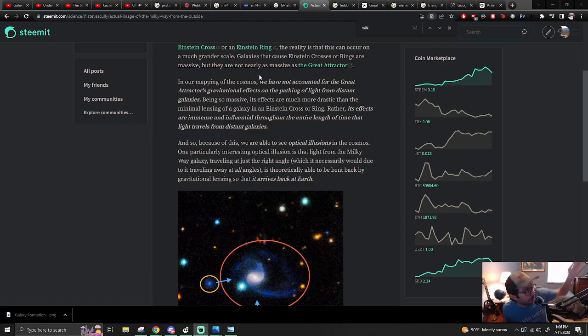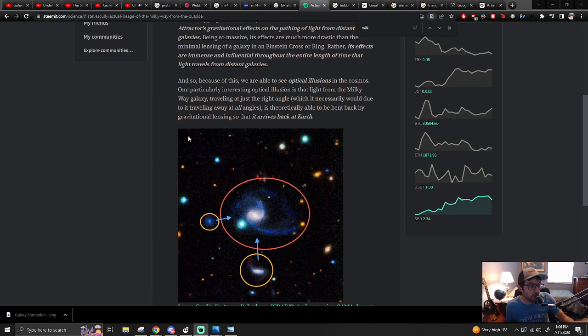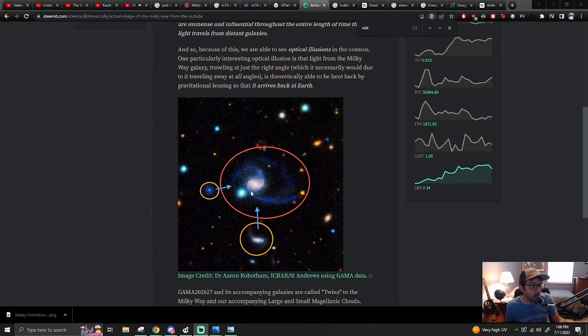We would map it as if it was another galaxy over there at that distance in a straight line, even though the light was actually traveling in a figure 8 orbital from the Milky Way itself, outward and back and outward and back by this other system's gravitational lensing, and then it just arrives at Earth. And it's possible that we could see the Milky Way. This could be the Milky Way. And that's kind of what I was getting at there.